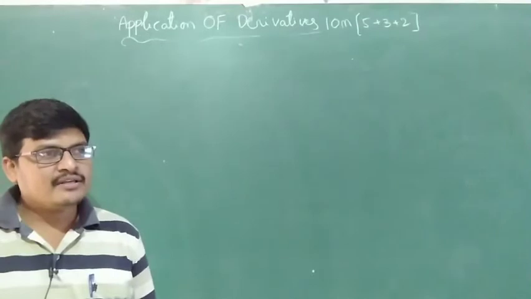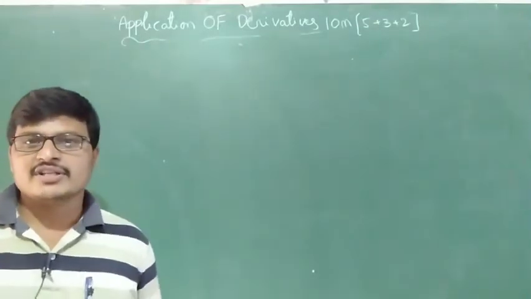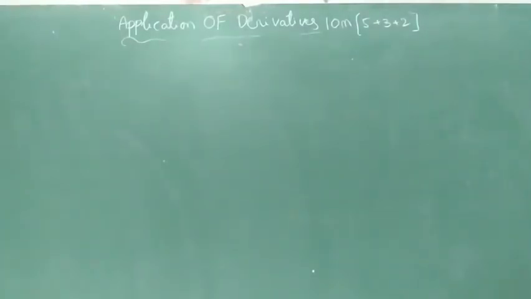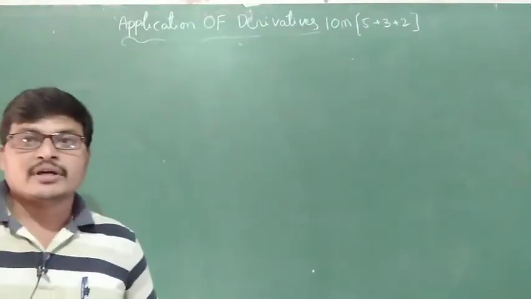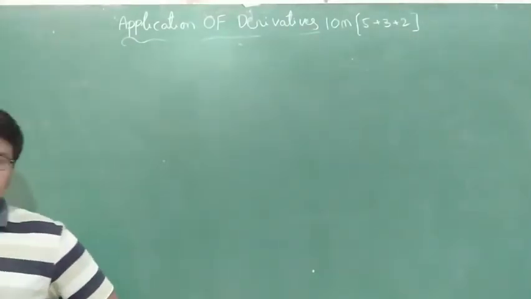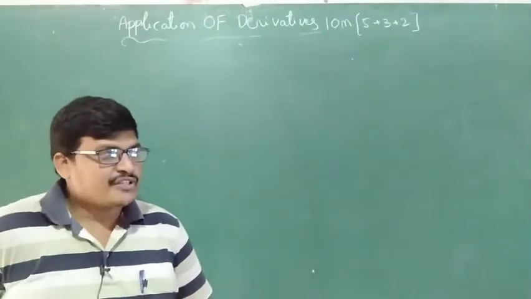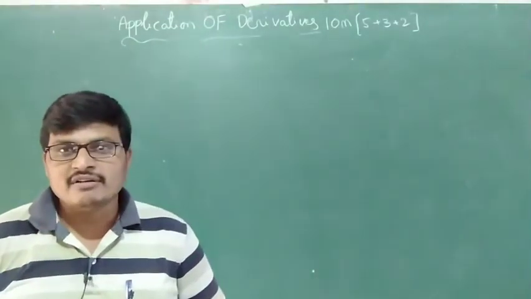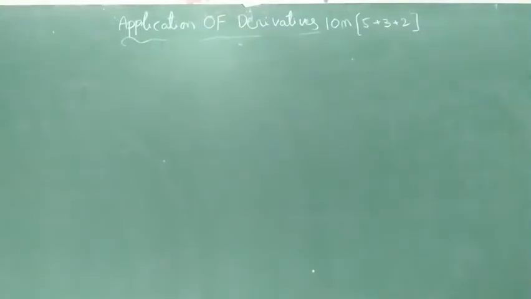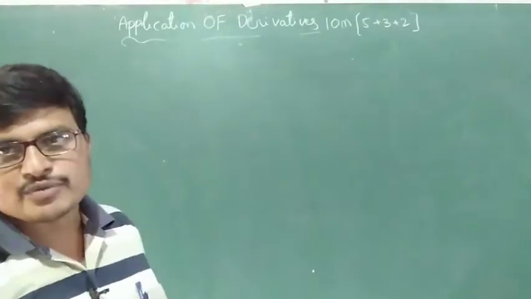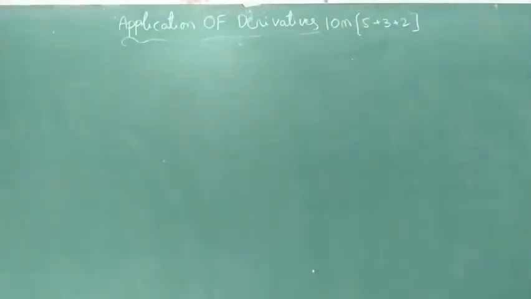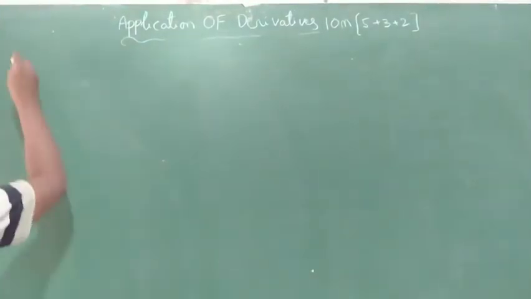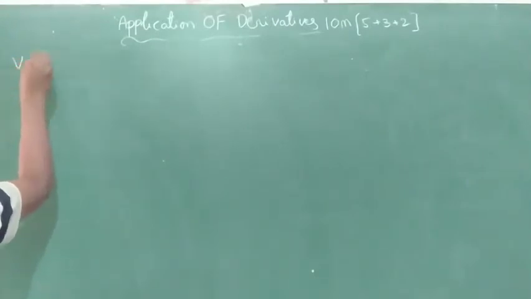What is the velocity definition? The rate of change in displacement is called velocity. The displacement is denoted by small s. The velocity is denoted by v.